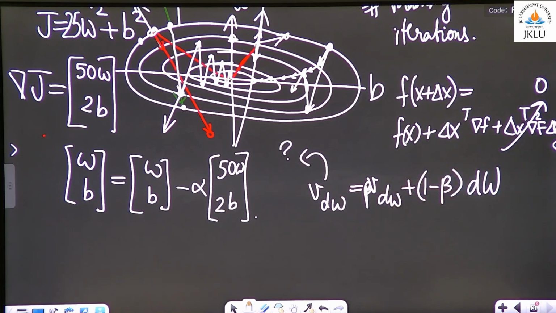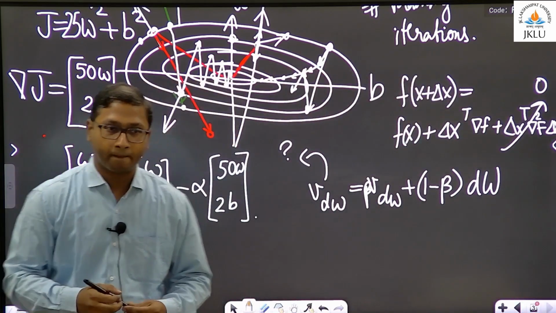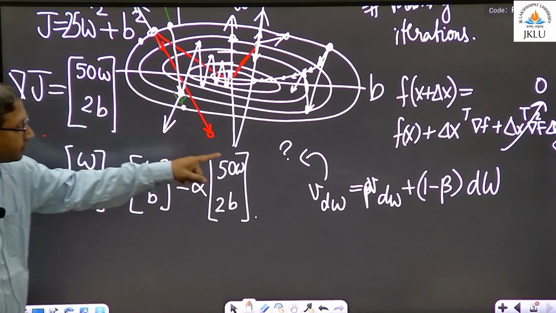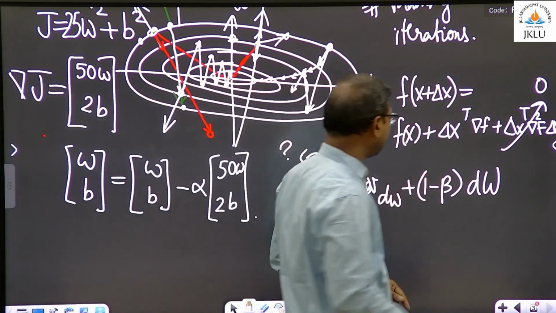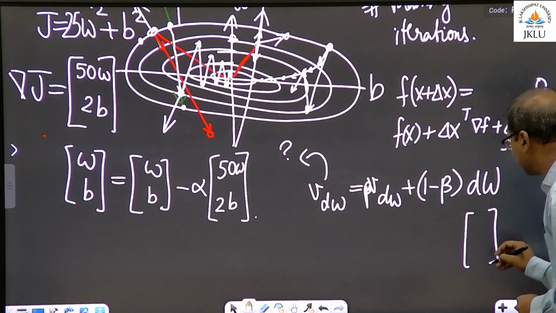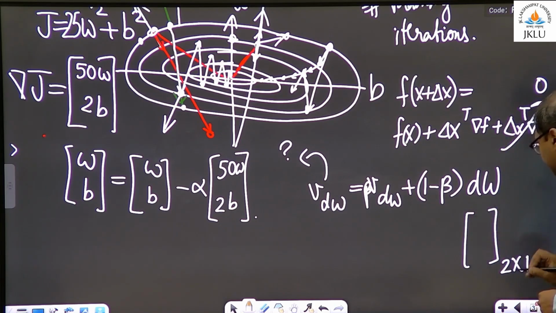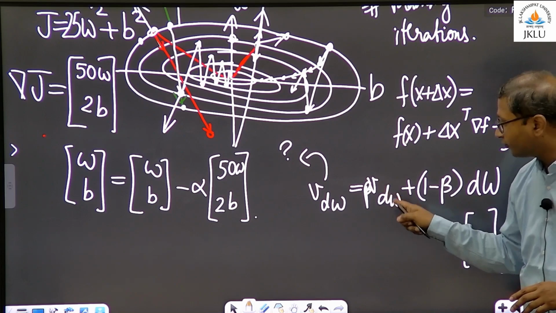What about dW? dW is nothing but the gradients, basically grad J that we were talking about. Its dimensions are 2 cross 1, that is, number of parameters cross 1. What about VdW?